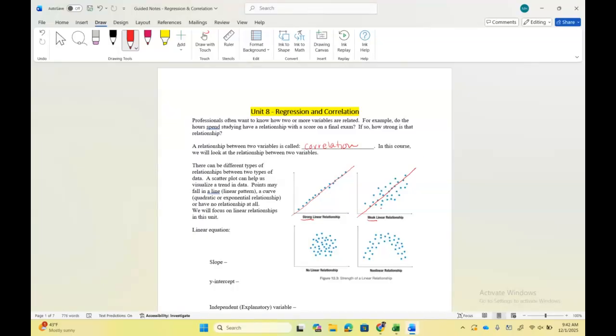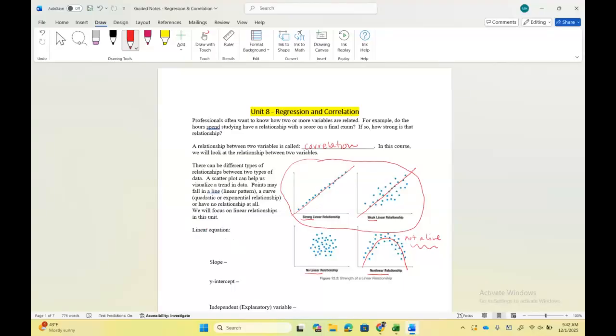They still form a line pattern, but they're just more spread out. Some things have no relationship, and some things have what's called a non-linear relationship, where it makes something that is not a line. In our class, we're going to study the linear relationships. Okay, so we're not going to worry about these non-linear ones until later on.